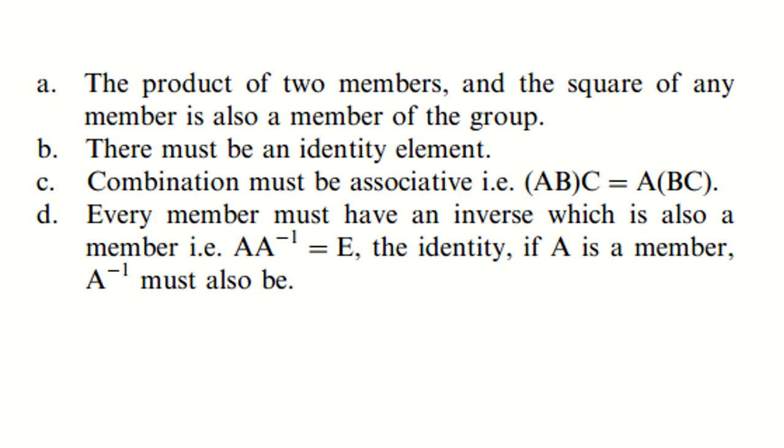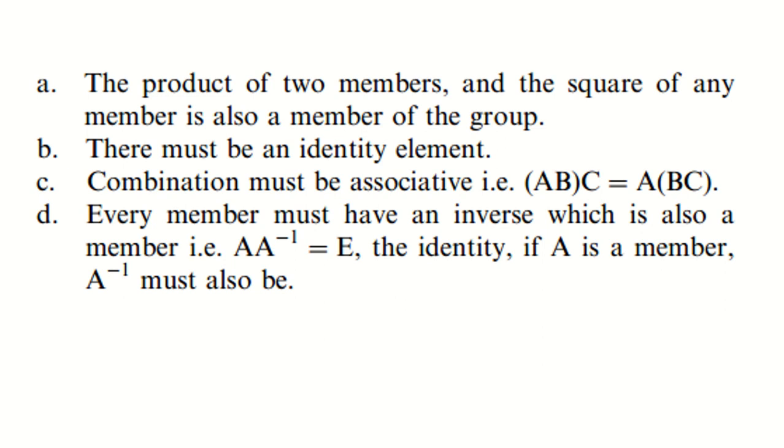So if we multiply two of the symmetry elements or operations, or we take the square of any symmetry element or operation, then the result would be the same kind, because the result should be from the symmetry elements or operations of that particular molecule. So it should not be beyond the symmetry operations.